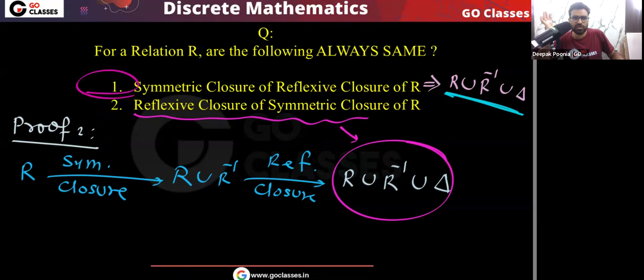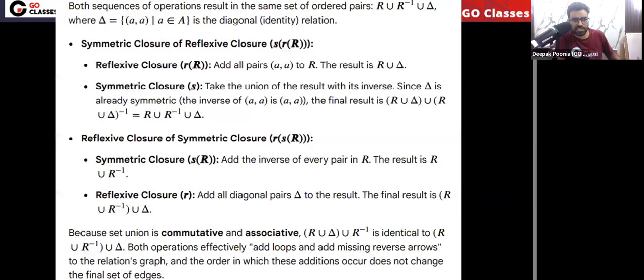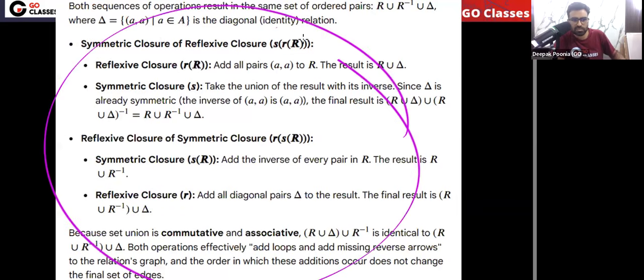You can see in the first one, we are getting R union R inverse union delta. In the second one also, we are getting the same R union R inverse union delta. So both orders are always the same. Whatever we have seen is written here, you can read this screenshot.